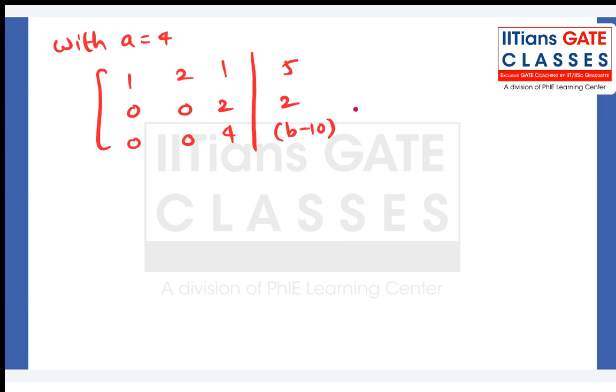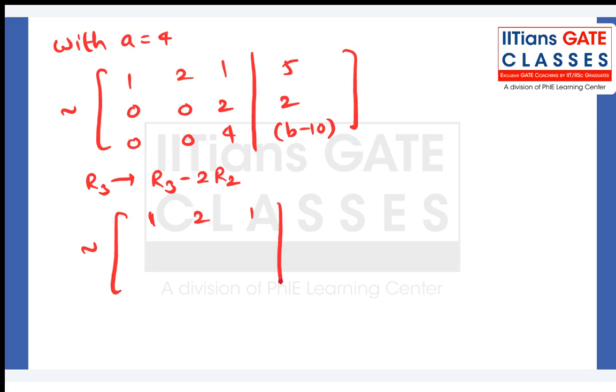Okay. So now you can do one more operation wherein you change R3. How do you change it? You subtract 2R2 from this. Then you get 1, 2, 1 remains as it is, 5 also remains as it is, 0, 0, 2, 2, this becomes 0, 0, 4 minus 4 is 0, and this becomes B minus 14.